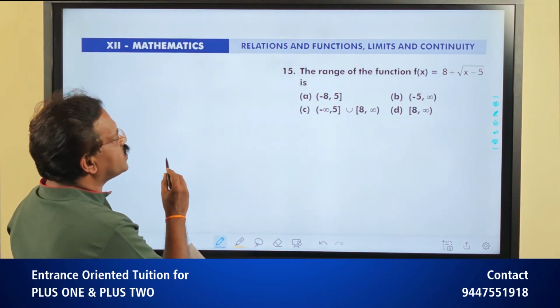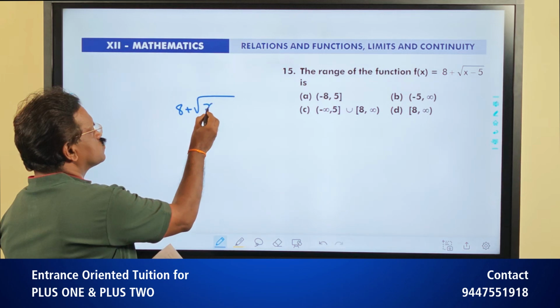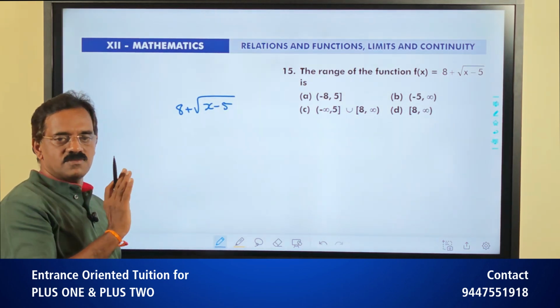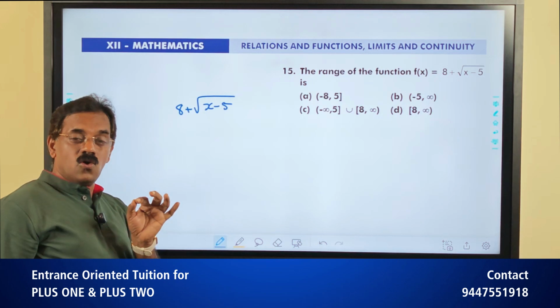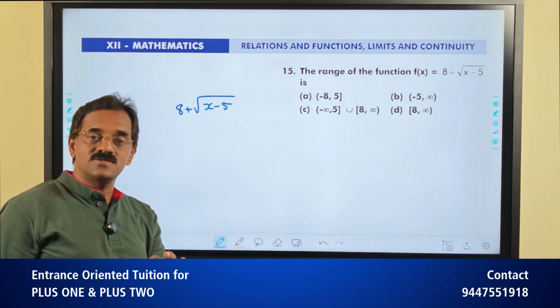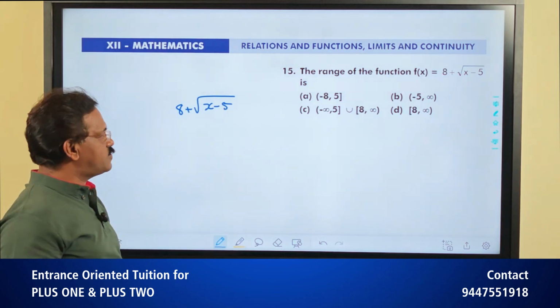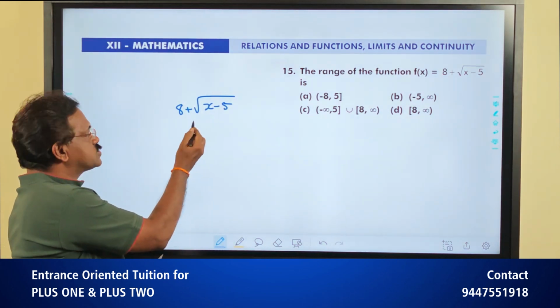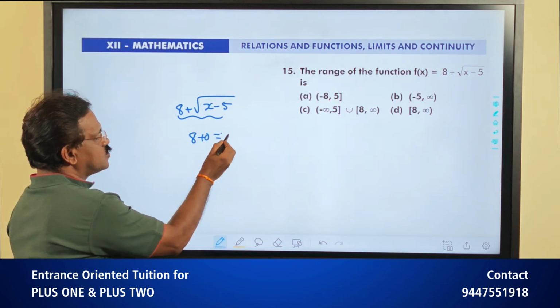The range of the function 8 plus root of x minus y. It's a very simple one. We know that for any square root, the lowest value it can take is 0 and the highest value it can be infinity. When it takes the lowest value 0, this becomes 8 plus 0, which is equal to 8.